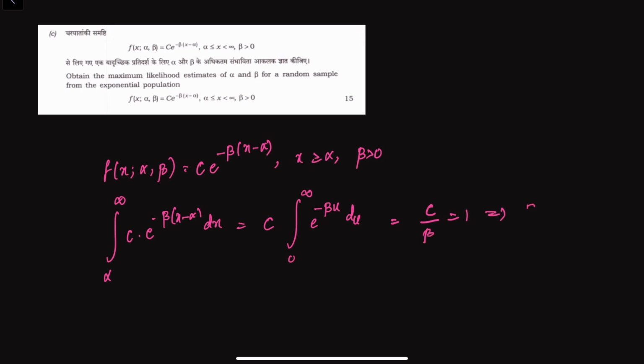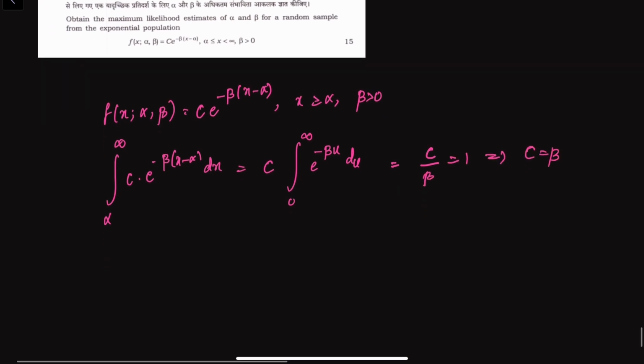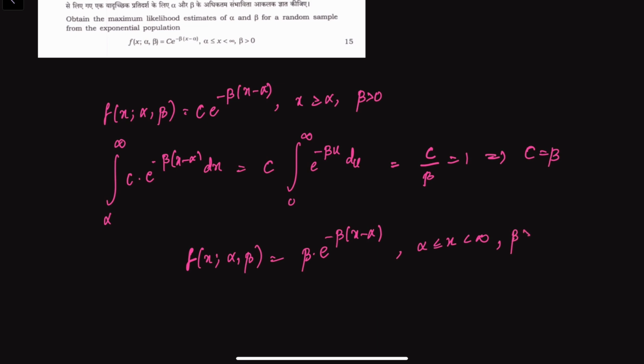That implies c is beta. Therefore f(x; alpha, beta) is beta e to the power minus beta (x minus alpha), where x goes from alpha to infinity and beta is greater than 0.